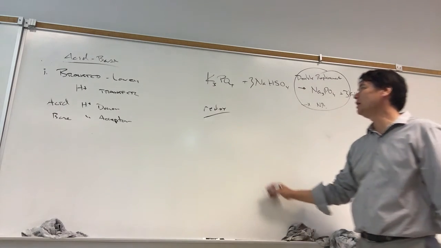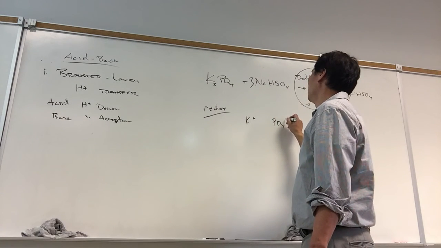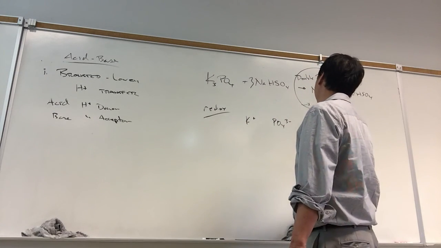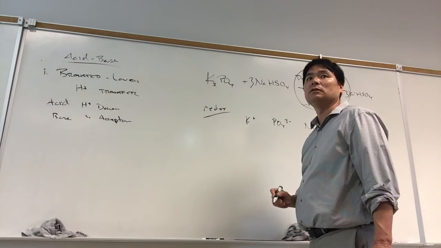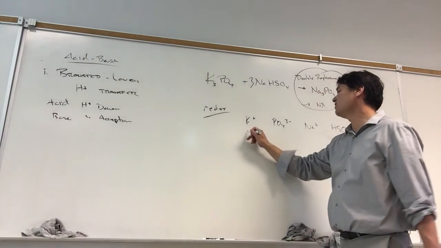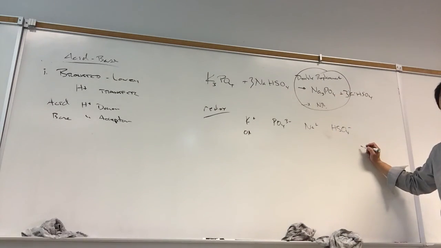And so when we do redox, what do we look at? We look at potassium ions, phosphate ions, sodium ions, and hydrogen sulfate ions. Right. And then potassium ions, oh, we have one more. What am I missing here? What am I missing?